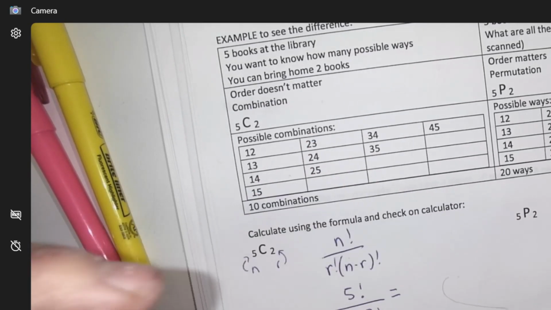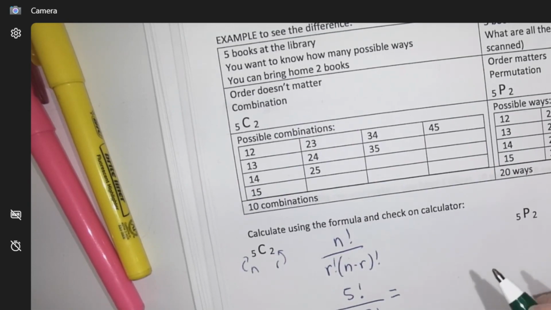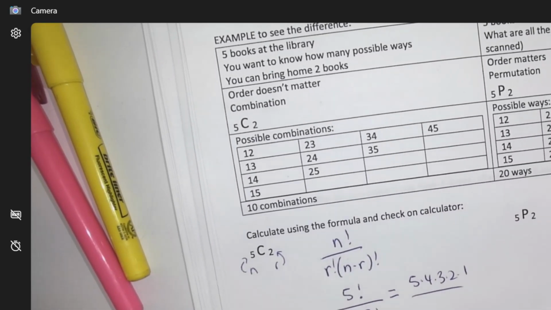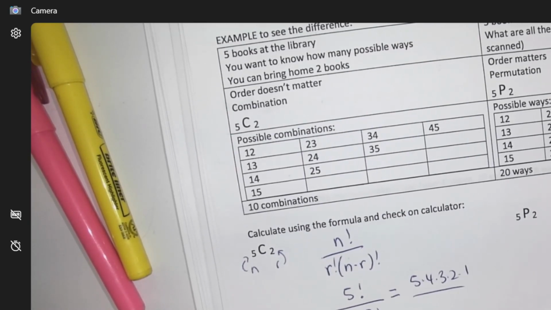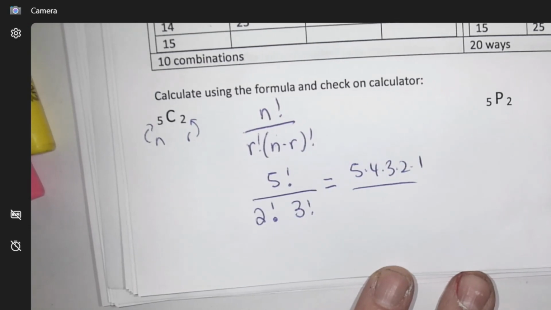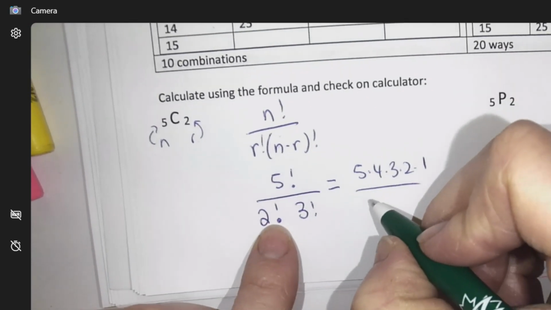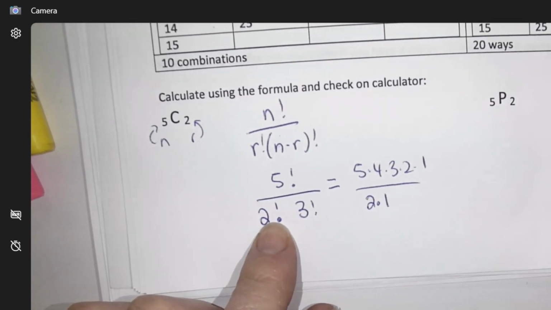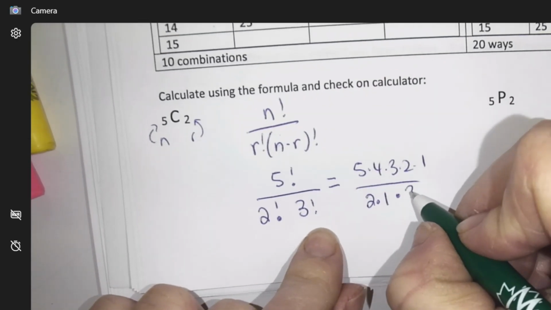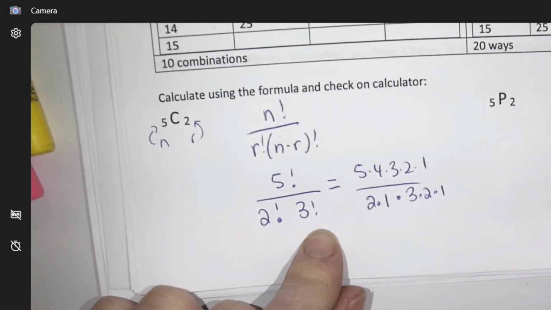Okay, so here's what I'm going to do. I'm going to not use my calculator, actually. 5, 4, 3, 2, 1. That's 5 factorial. Two factorial is 2 times 1. 3 factorial is 3 times 2 times 1.